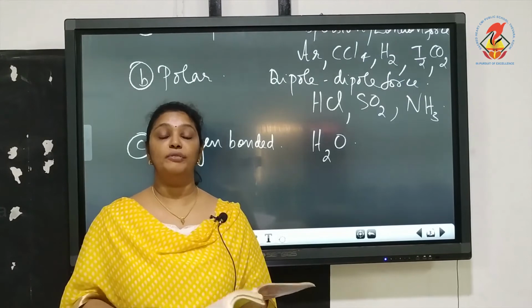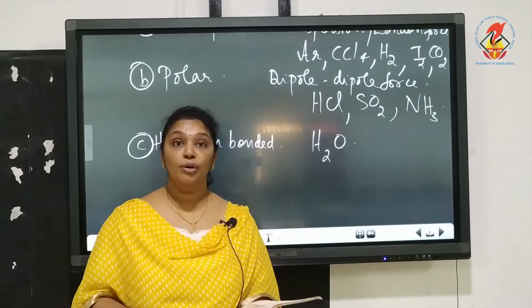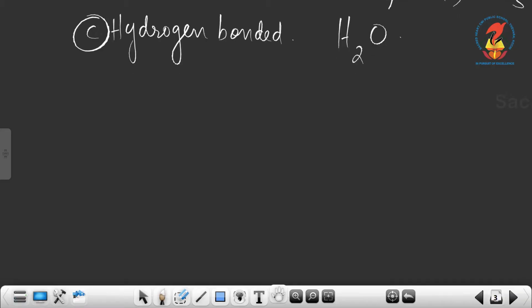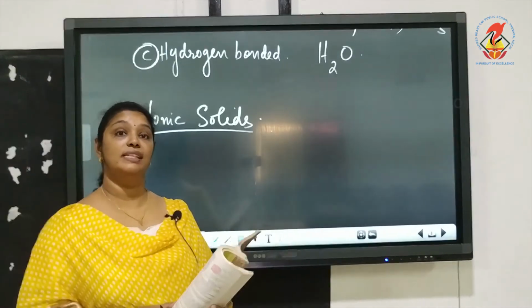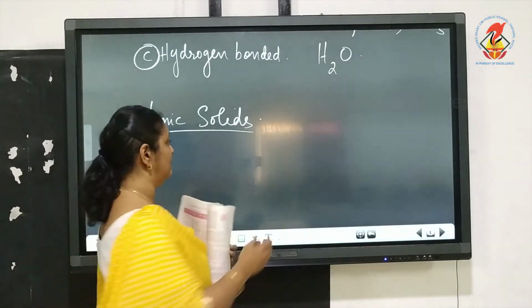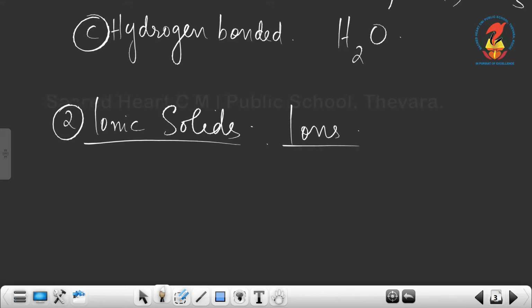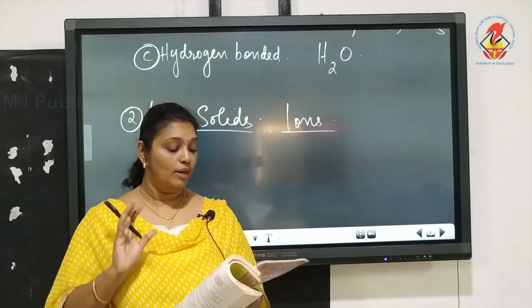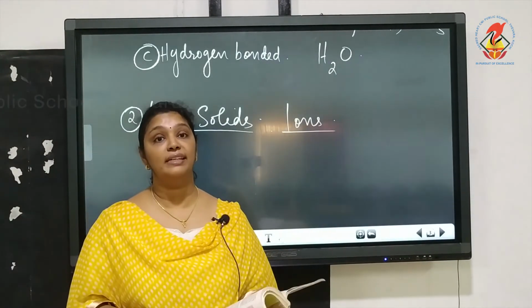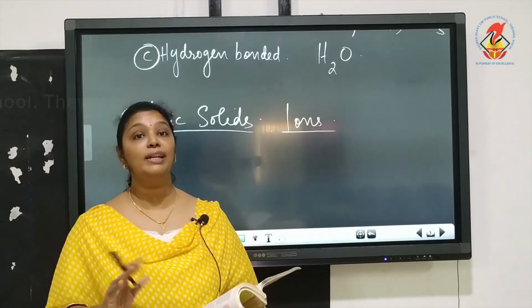Now, the second type of crystalline solid is ionic solids. The constituent particles present in ionic solids are ions. Now, the force of attraction present in ionic solids is called the Coulombic or electrostatic force of attraction between anion and cation.